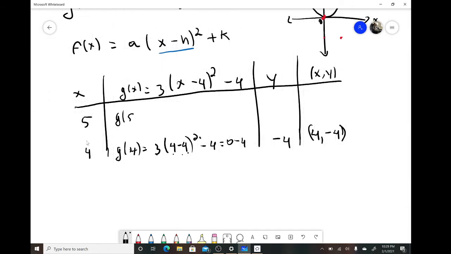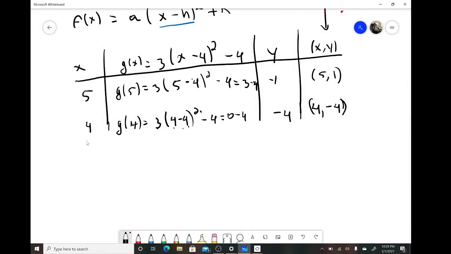So we'll say g of 5 equals 3 times (5 minus 4) squared minus 4. Now, 5 minus 4 is 1. 1 squared is 1. 3 times 1 is 3. So we get 3 minus 4, we get minus 1. So that means that our point 5 has output minus 1. So we get the point (5, -1).